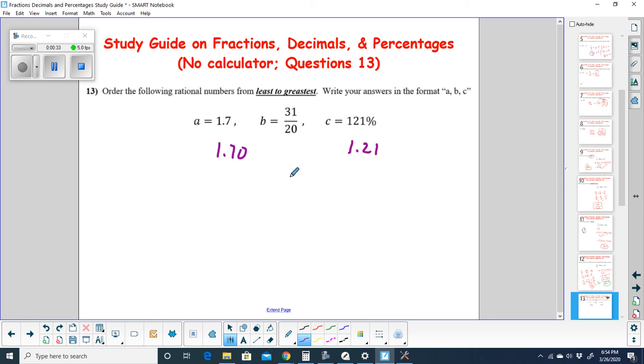And then 31 over 20, let me change the color up. This is going to be 31 divided by 20. So let's see what happens. 20 goes into 31 one time. 1 times 20 is 20. Remainder is 11. I bring down my 0. So now I'm beyond the decimal point. 20 goes into 110, well, 5 times. 5 times 20 is 100.